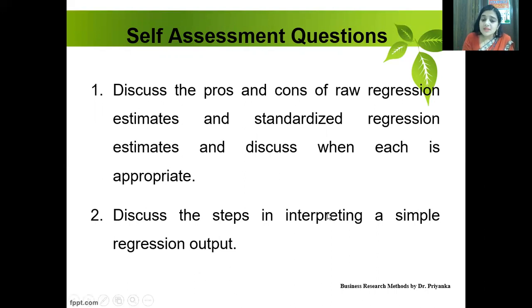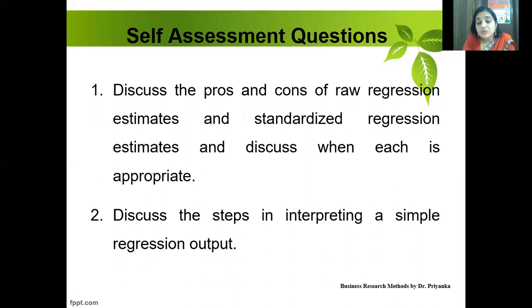Second: discuss the steps in interpreting a simple regression output. How would you interpret simple regression output? Number one, you interpret the overall significance of the model. That is done with the help of the F value and the P value. You check the F value, and in another column the P value is also given.